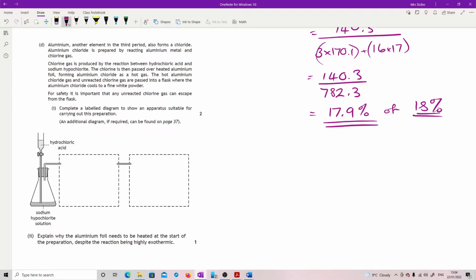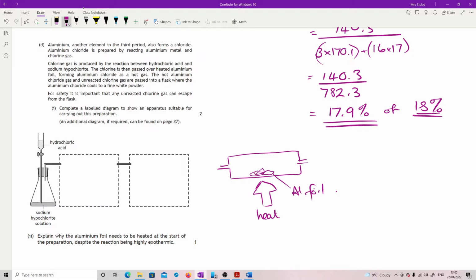Okay, so I would put this one into a flask, right? Maybe I'm going to have to draw this to the side. I need to put this through something which allows me to put heated aluminium foil. So I'm going to put this as my aluminium foil, and I'm going to put a heat source here, probably a Bunsen, and that will allow it to pass over the top of the aluminium foil.